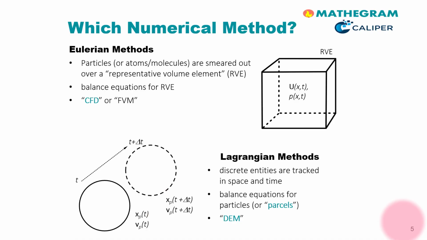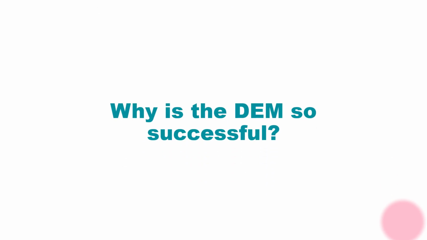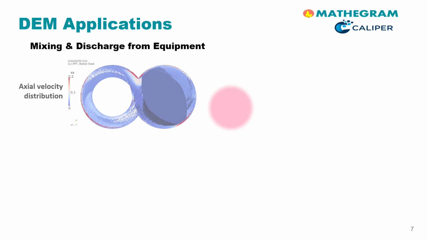Well, I think we are now ready to start with success stories connected to the DEM. Thus, we are asking the question, why is the DEM so successful? The key to the answer to this question lies in the numerous applications of the method.